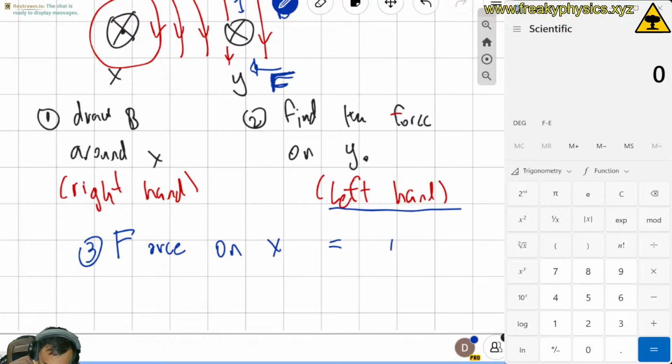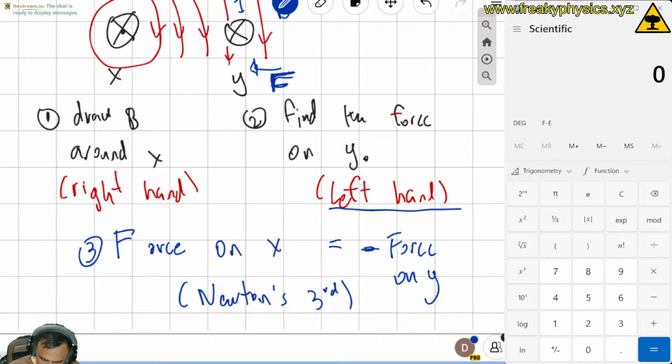That's gonna be equal to the force on Y, but negative. In other words, that's Newton's third law. So three things go into getting these directions: the magnetic field by X, then the force due to the magnetic field, and then Newton's third law. So we see now why these would attract each other.